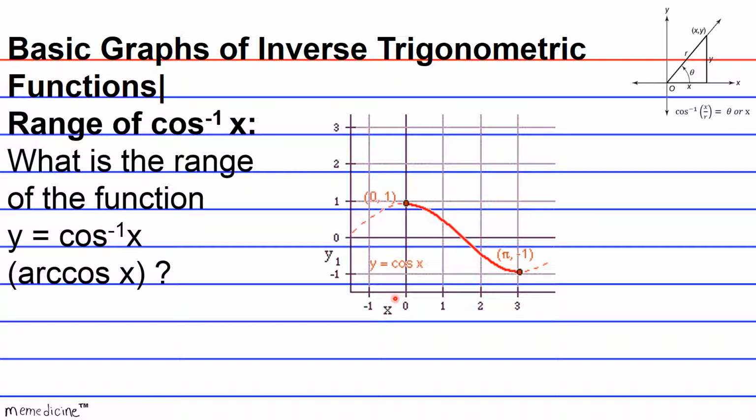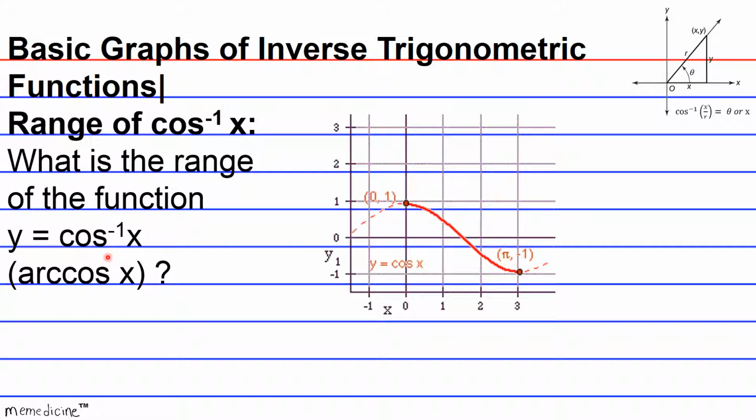All right, so what we're going to have to do is what I have already done here. We're going to have to restrict the domain of y equals cosine of x so that y equals the inverse cosine of x can become a legit function. We're not even thinking about one-to-one.